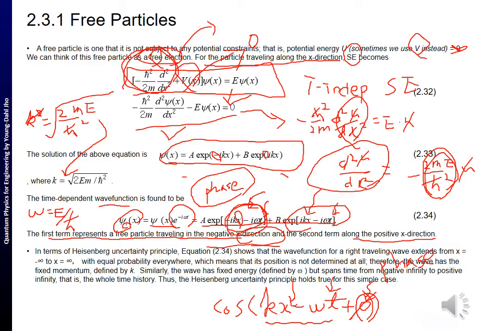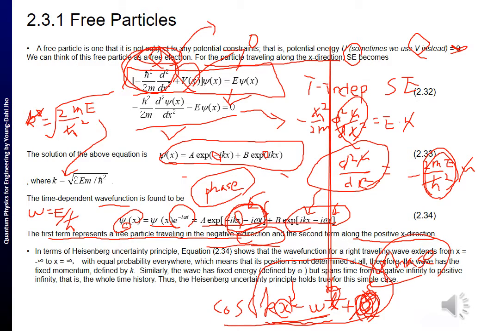So when things are not defined within the parenthesis, we call them a phase. But when we know x is the position and t is the time, and they are independent variables, then we rather call this constant value the phase.